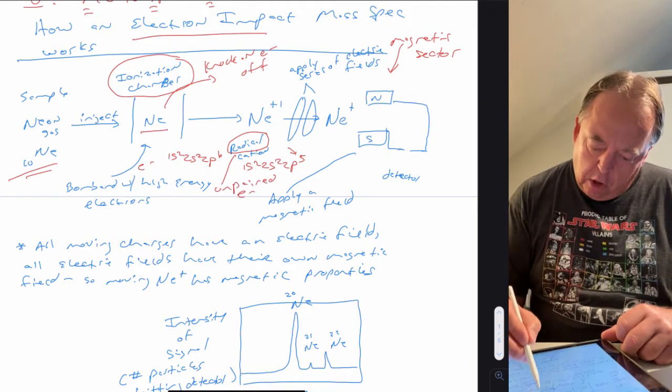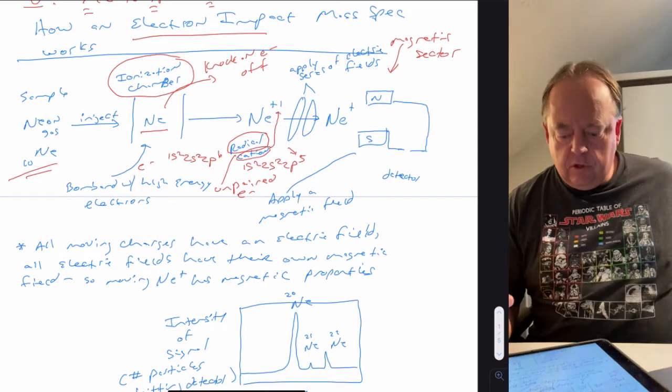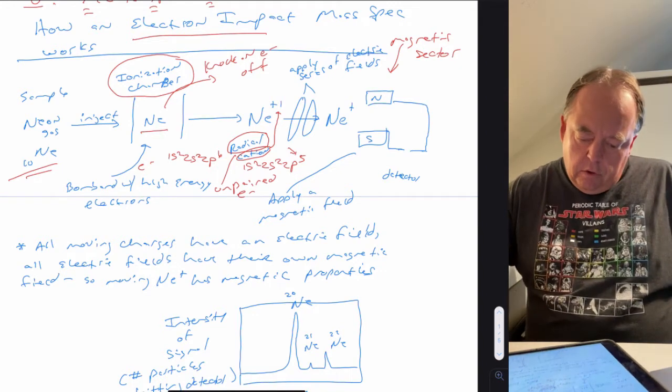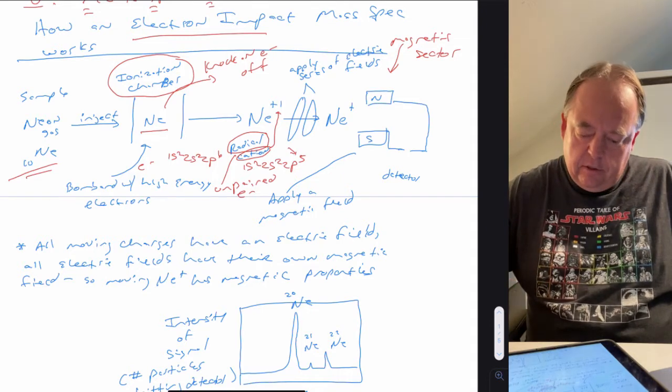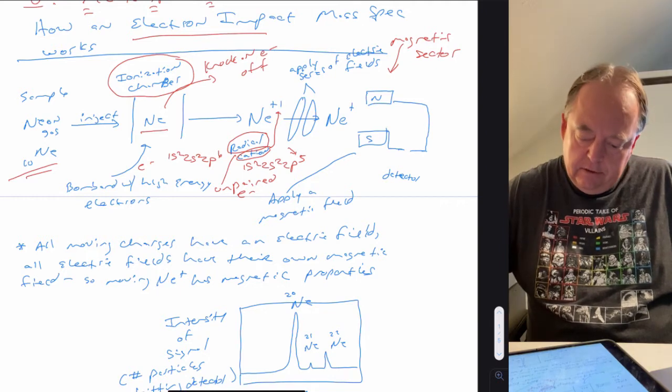And it's positively charged now because it has more protons than electrons, so it's a cation. This is a radical cation. In any mass spec, you have to get the sample charged, either positively or negatively, in the first step, otherwise you can't do a mass spec analysis on it.